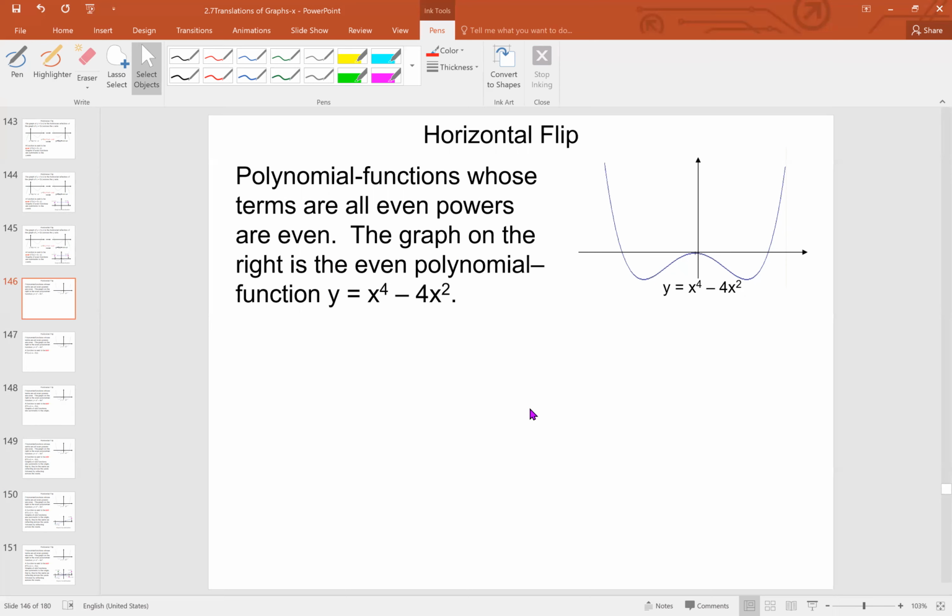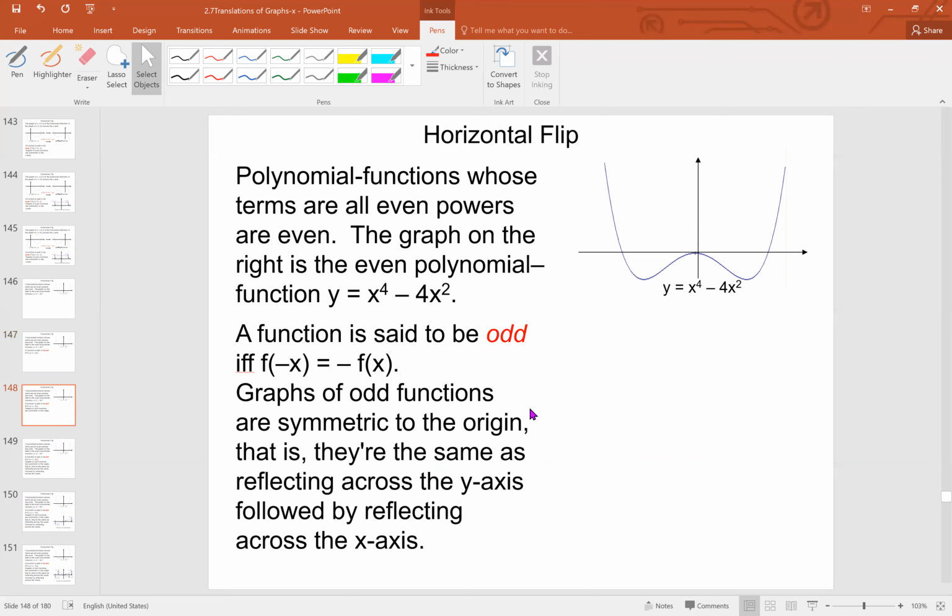So the graph is symmetric left and right, horizontally. Then there's a type where if you put in minus x, the y becomes negative. And the relationship I'm plotting is that the 2 points you plotted, x and minus x, are reflections across the origin.